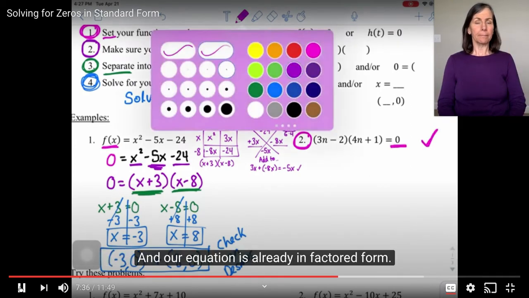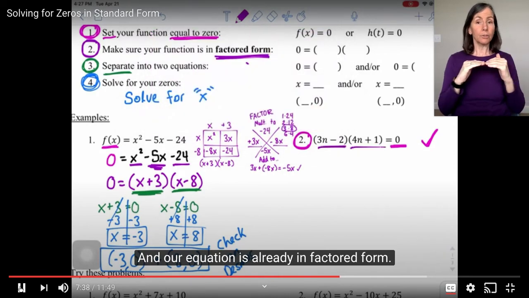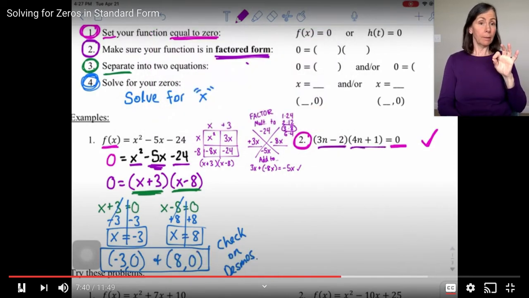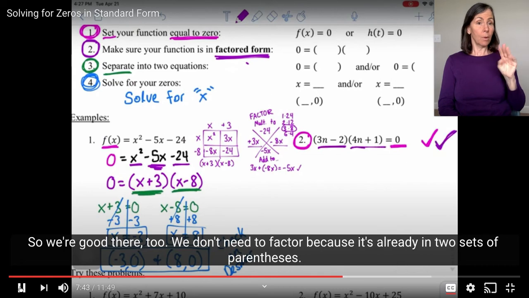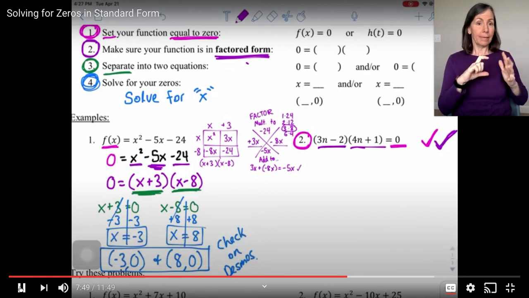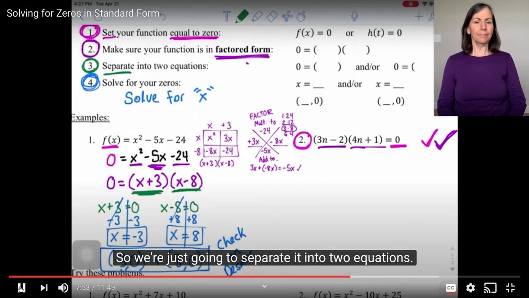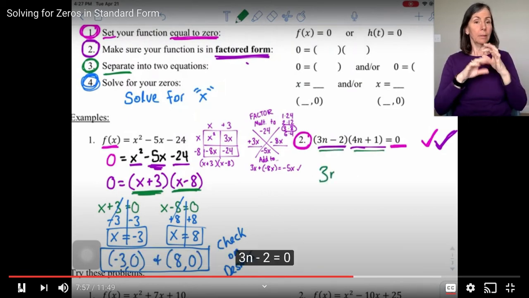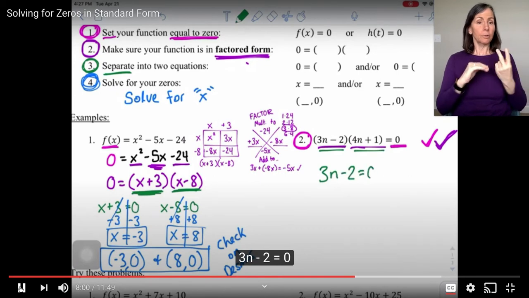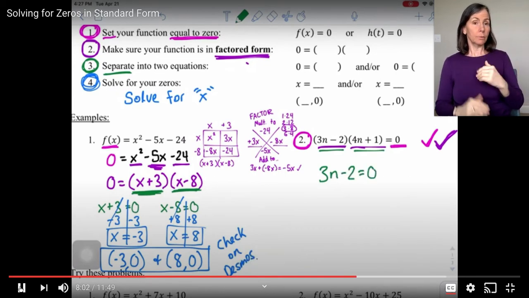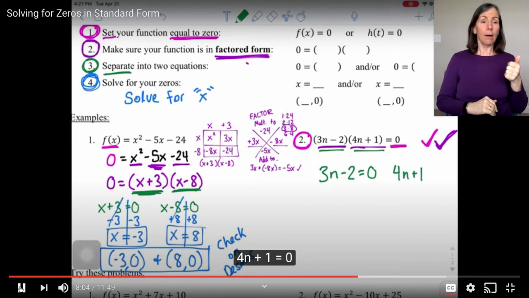And our equation is already in factored form. So we're good there too. We don't need to factor because it's already in two sets of parentheses. So we're just going to separate it into two equations. 3n minus 2 equals 0 and 4n plus 1 equals 0.